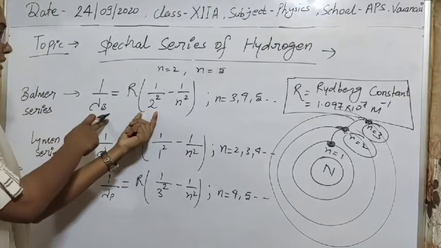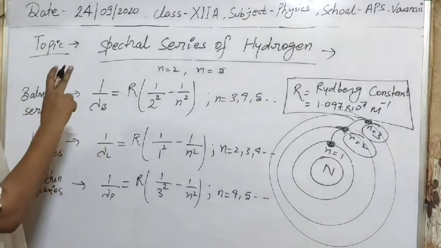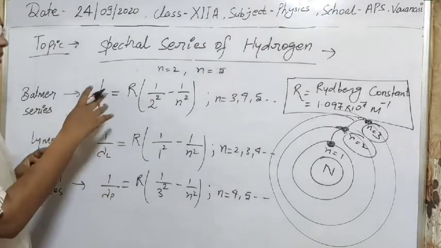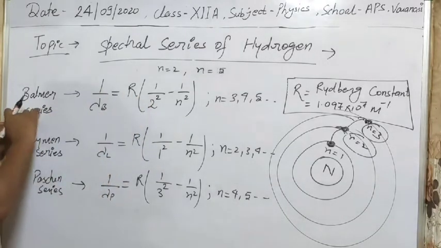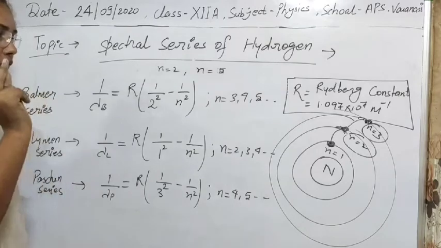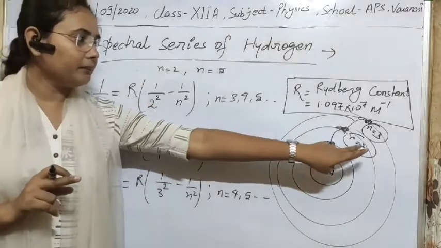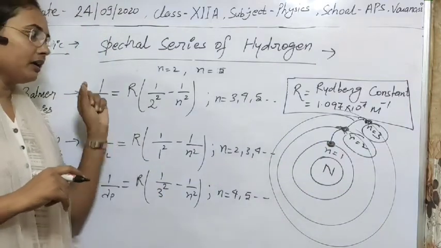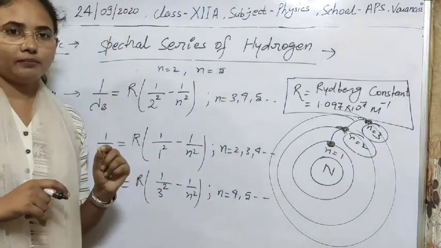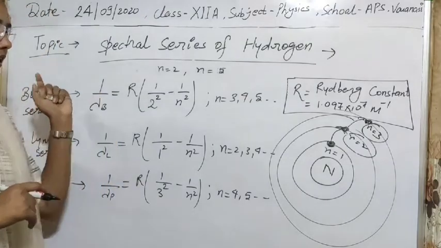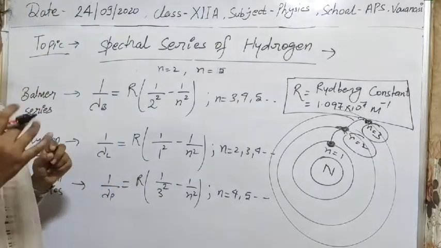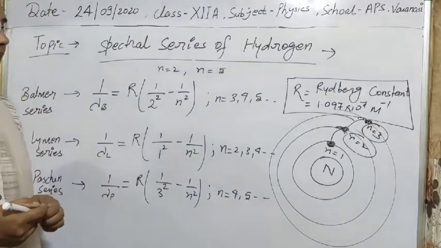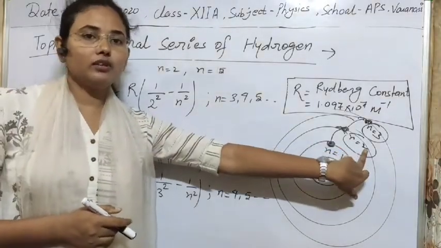This is also called the Balmer series. I will explain it from the energy level diagram. Firstly, in the Balmer series, one thing will be constant: the electron will always make the transition to or from n equal to 2. If it has to absorb or emit visible light, it must involve n equal to 2.